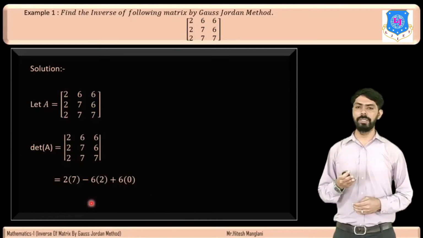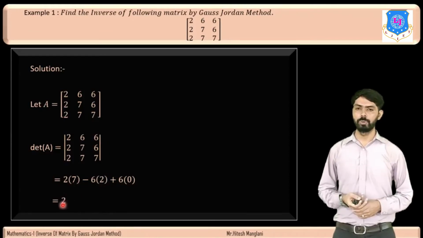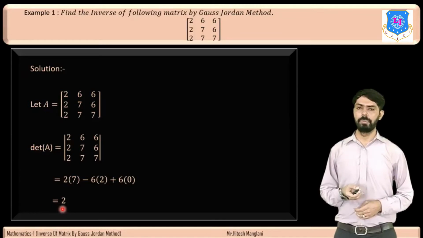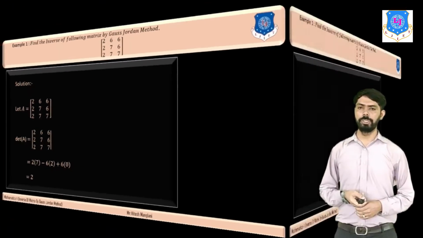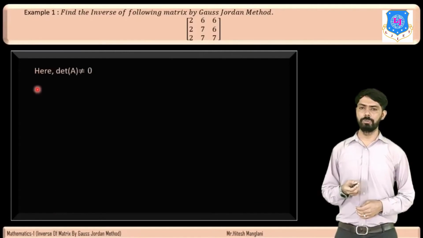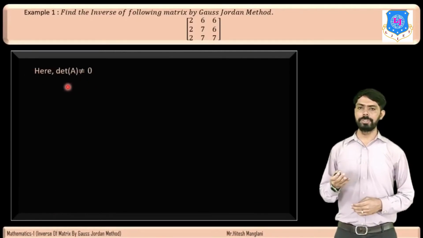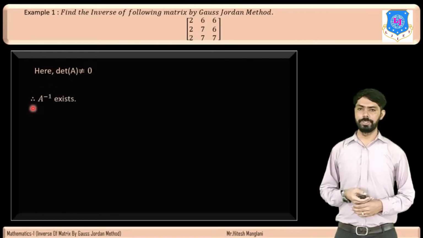Now if we simplify, 14 minus 12 is 2. So the determinant of this matrix is 2, which is not equal to 0. Hence determinant of A is not equal to 0, hence A inverse exists. Now we will apply the Gauss Jordan method.